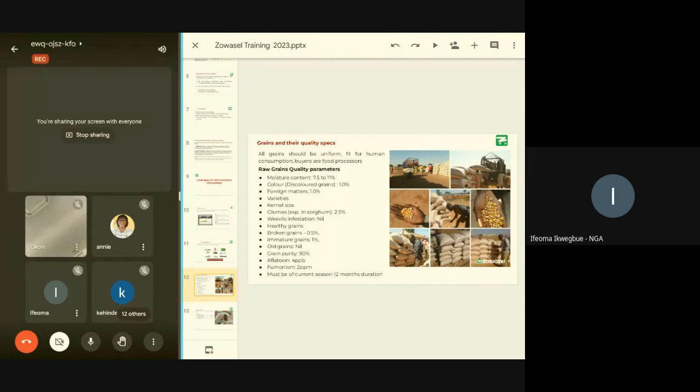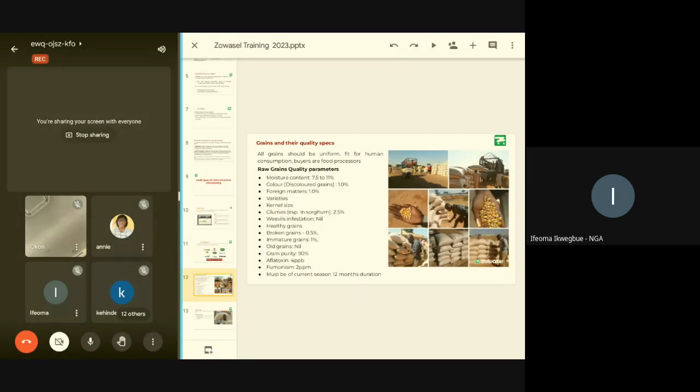They have a smell. And by the time you mix them up, it reduces the quality. It doesn't make sense to the buyer. So please, let's avoid mixing old grains with new grains at the point of supply, especially when the new ones are out.